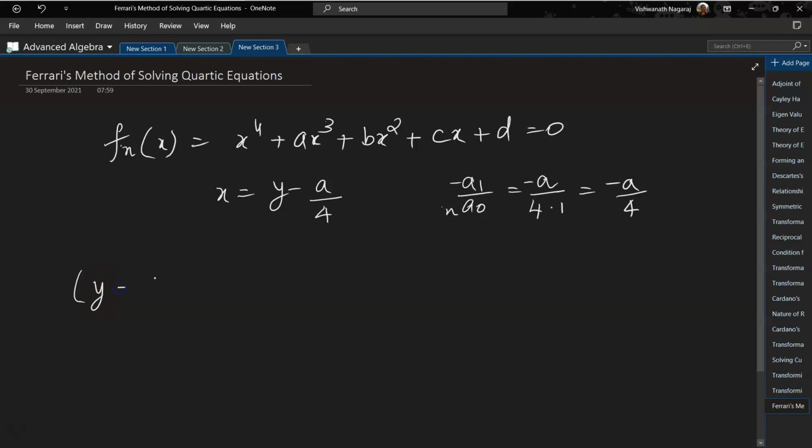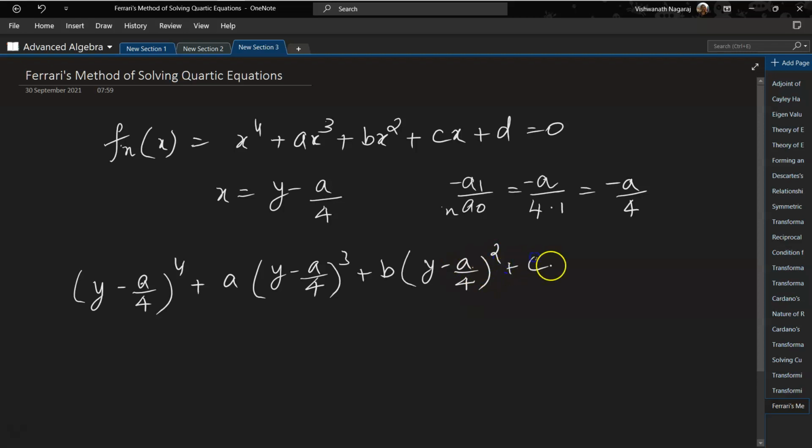So (y minus a by 4) to the power of 4, plus a times (y minus a by 4) cubed, plus b times (y minus a by 4) squared, plus c times (y minus a by 4), plus d equal to 0. Now let's expand this.